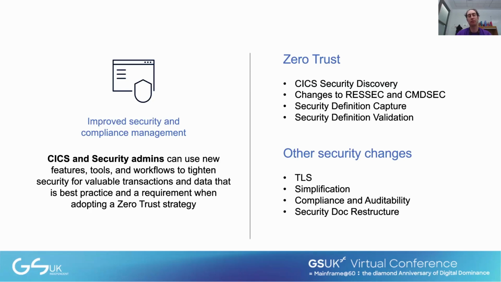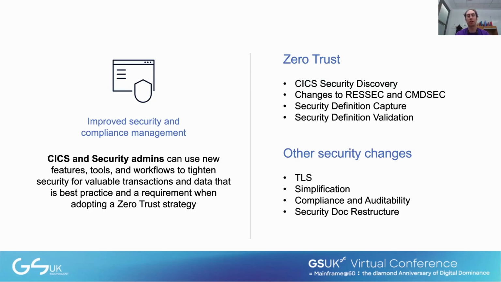And then finally, we've got a pair of technologies that work together: security definition capture and security definition validation. These are built on the security request recording capability that we had in 6.1 and allow you to add security testing into your development pipelines.